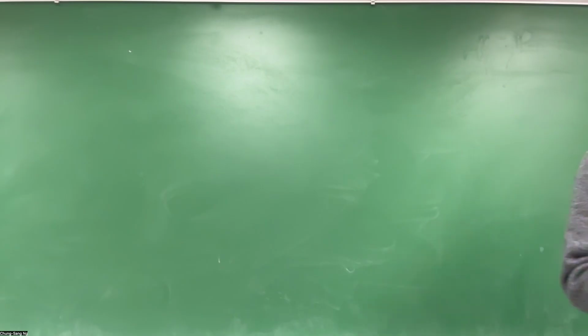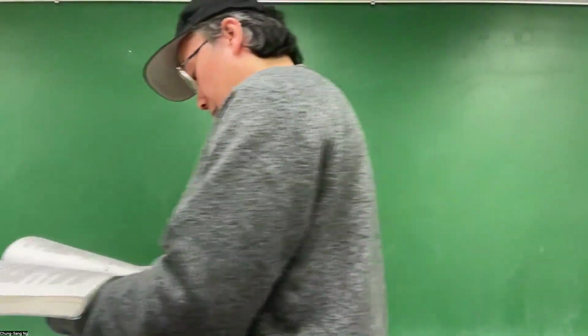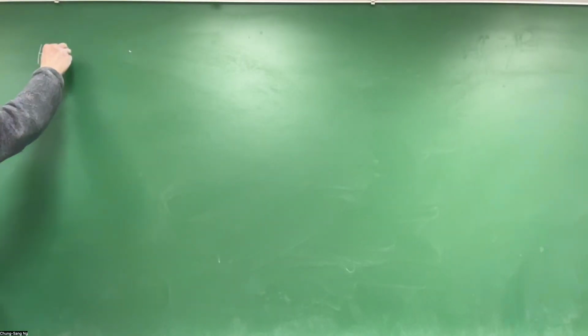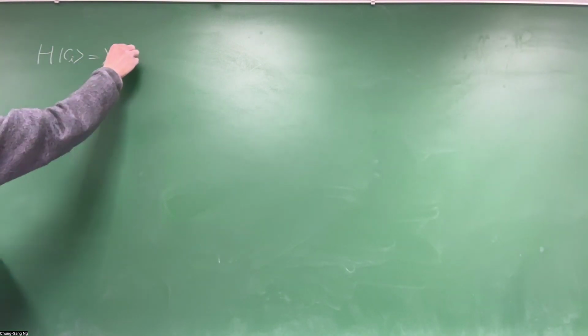The idea is, you have H, C sub i equals lambda sub i, C sub i.